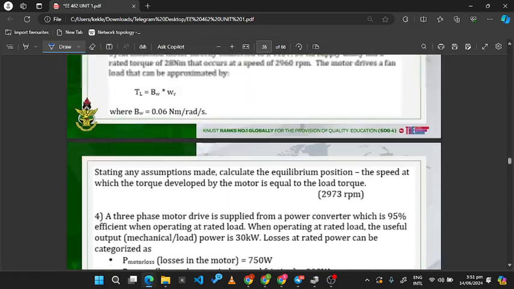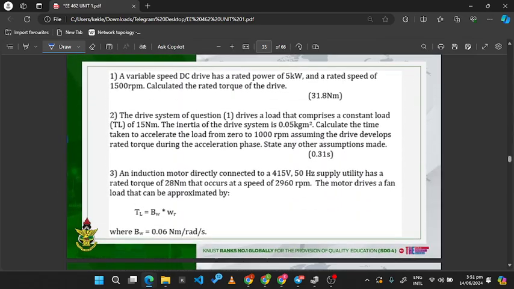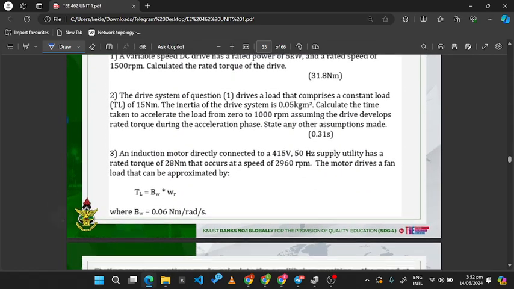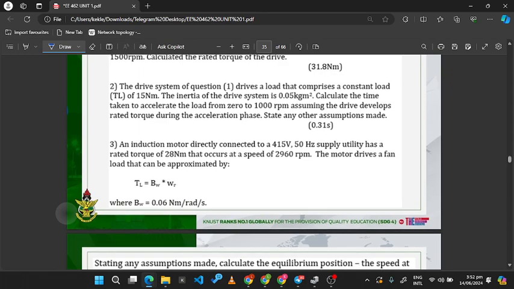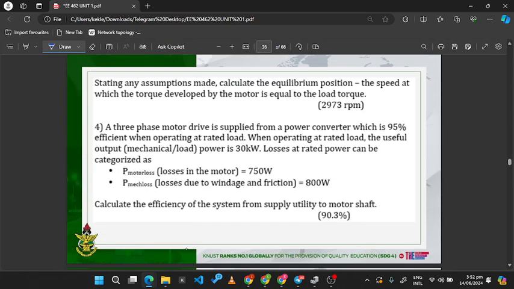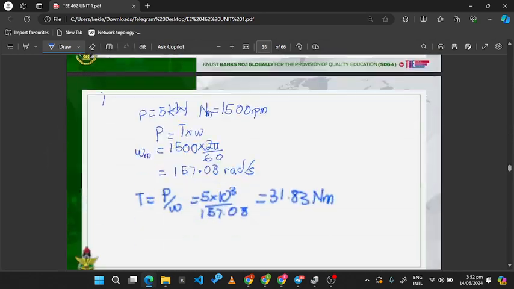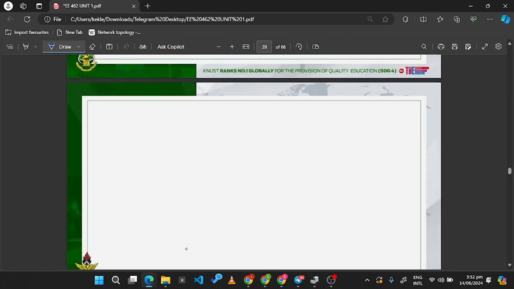So back to the question 2. Our load torque has been given as 15 Newton meters.